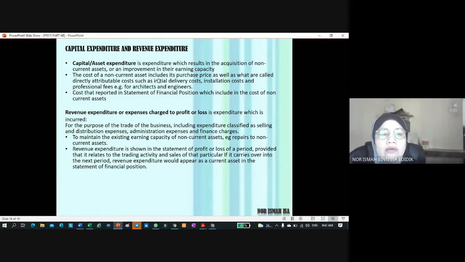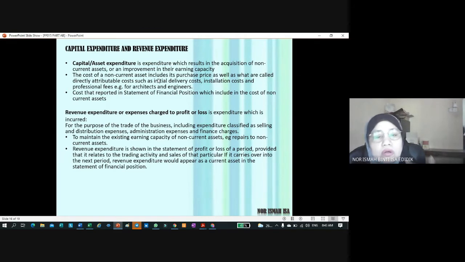So you must identify if this is asset expenditure, the expenses incurred that is only for that one time. It is not recurring. If it is recurring, meaning this expense happens again later, that one cannot be called asset expenditure. That one we call the expenses that are charged to profit or loss.